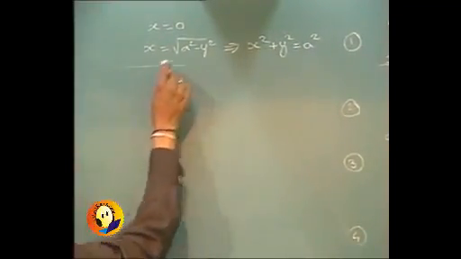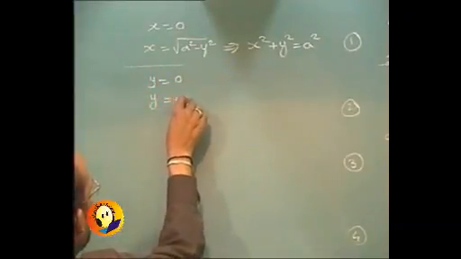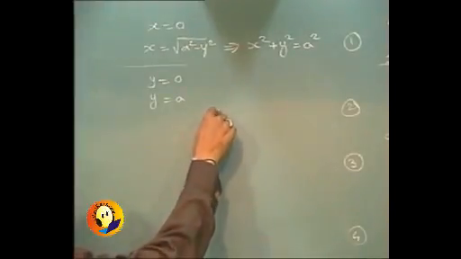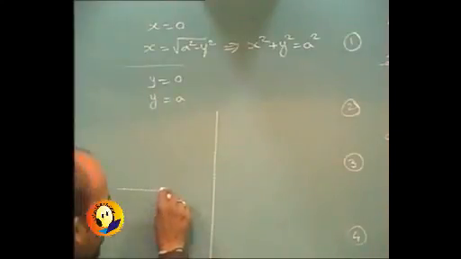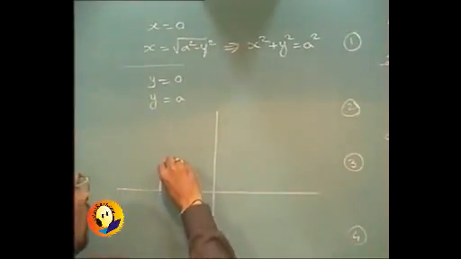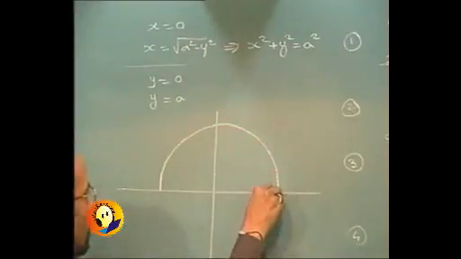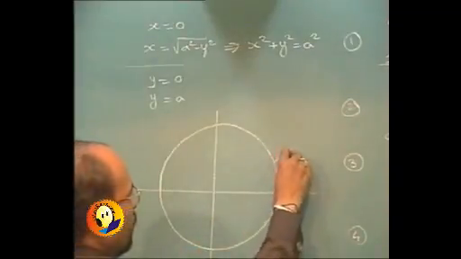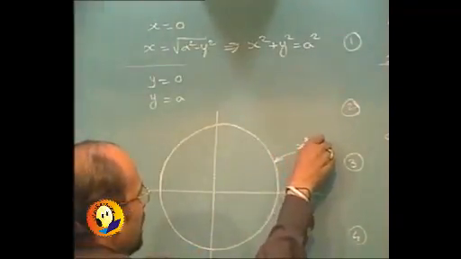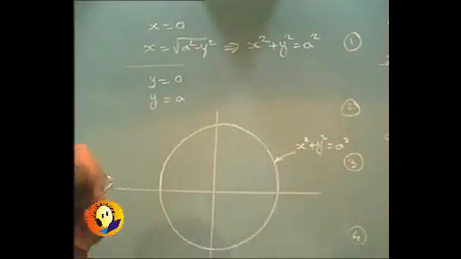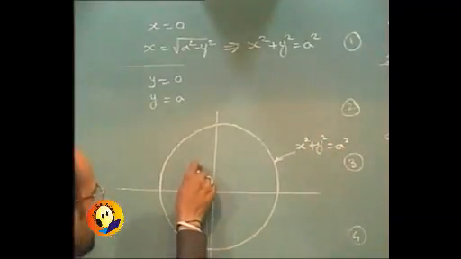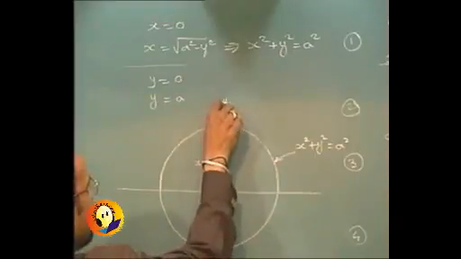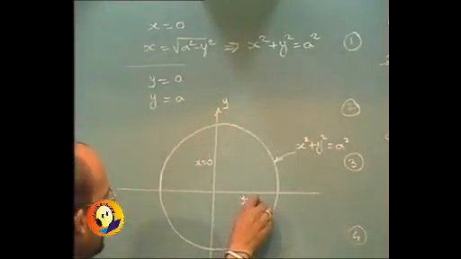Outer limits are y equal to 0, that is the x-axis, and y equal to a, which is a line parallel to the x-axis. To find the region, we will have to draw that circle of radius a, that is one of the boundaries, x square plus y square equal to a square, x equal to 0, that is the y-axis, and y equal to 0, that is the x-axis.